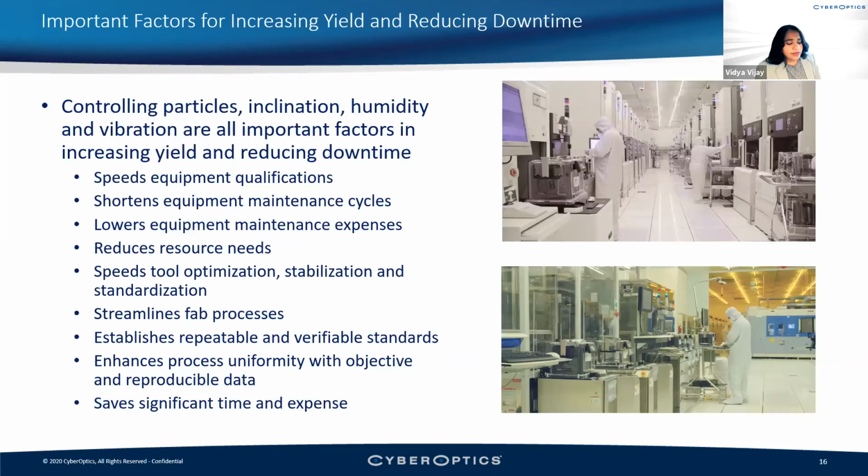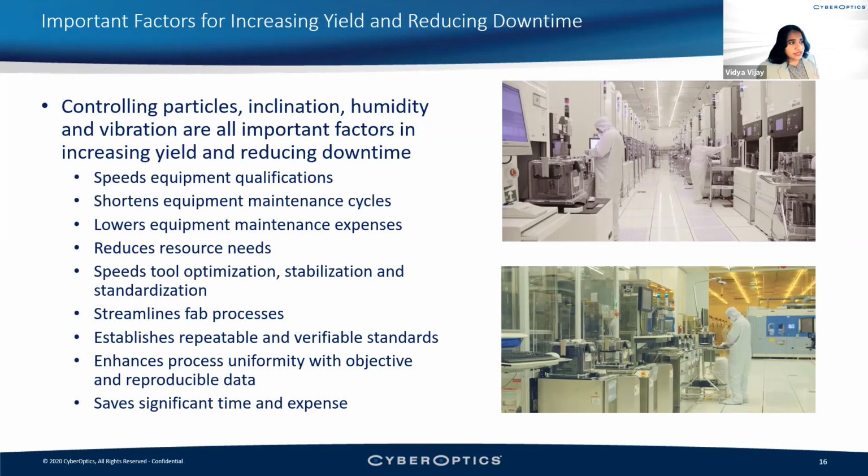So we saw this need. We talked about how important it is for us to sense environmental humidity and things like that. It is so important as the nodes get smaller to know what the particles are and where the particles are coming from.